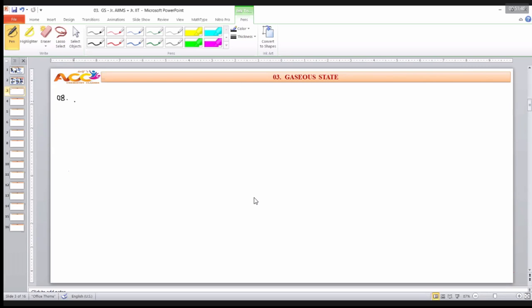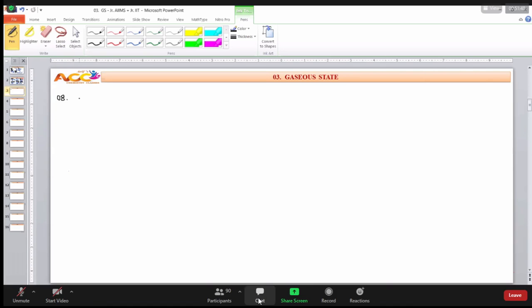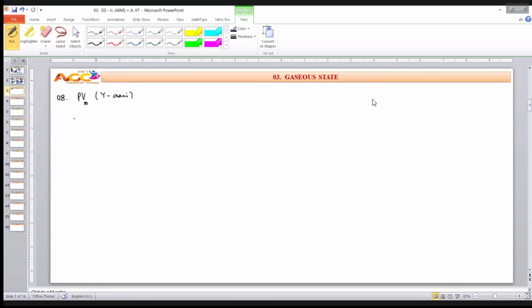A graph is plotted between PV, he has given Vm along the y-axis, and P along the x-axis, where Vm is molar volume and A is the molar volume of a real gas.